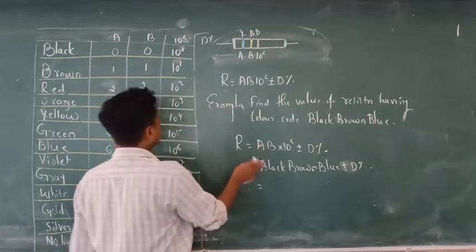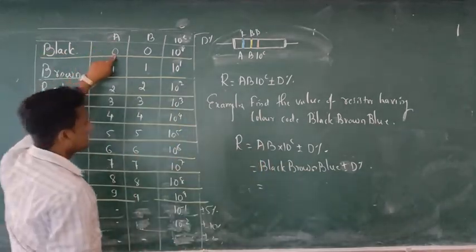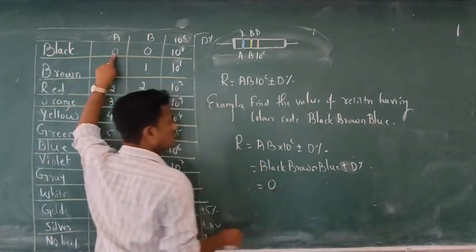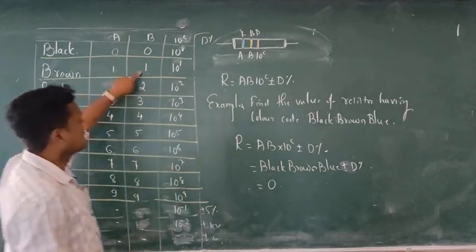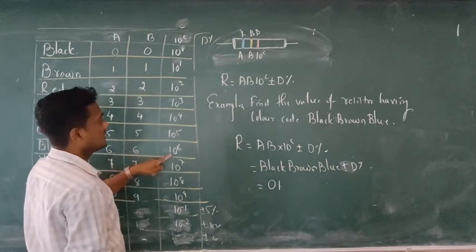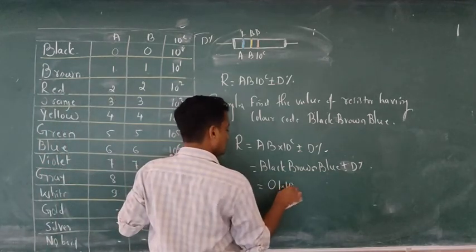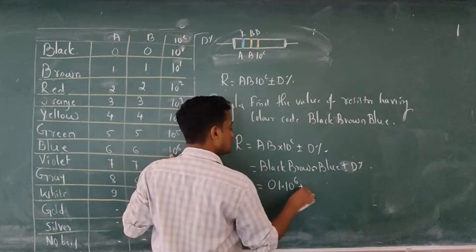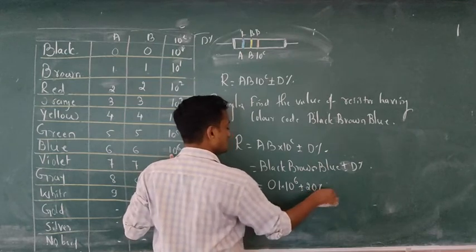Then black, A, it is 0, brown, B, it is 1, blue, it is 10 to the power 6, plus or minus 20%, no band.